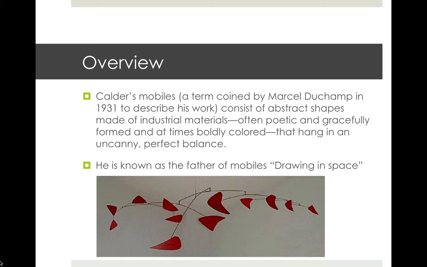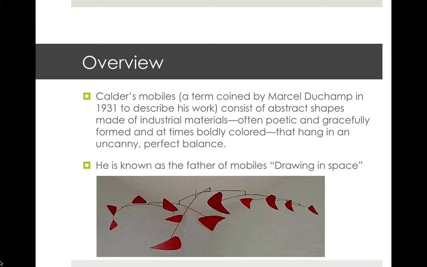Some of the things you're going to look for when you're doing your research is that you're probably going to come across a man named Marcel Duchamp. In 1931 is about the time that he was doing a lot of his critiques of the artwork that was being made, and he was known as an art critic who probably gave the terms that Alexander Calder's work would be known by, drawing in space.